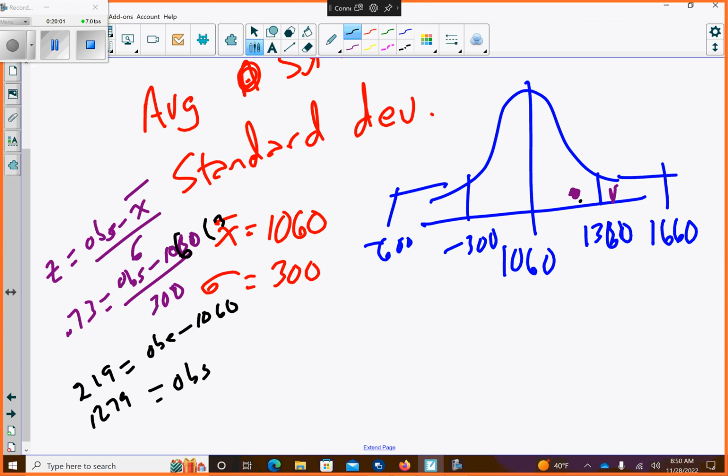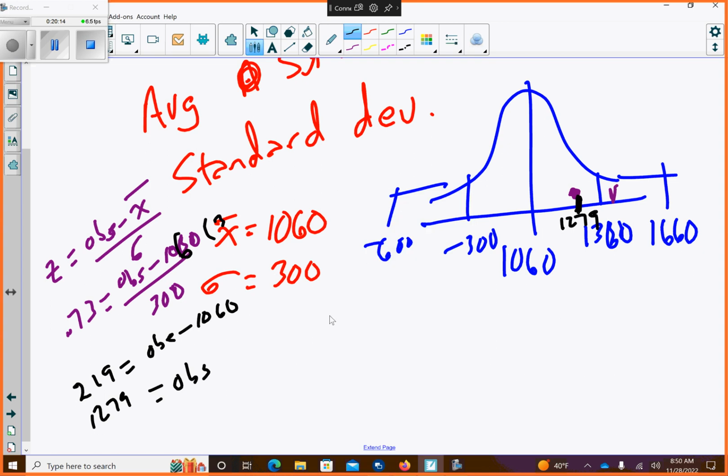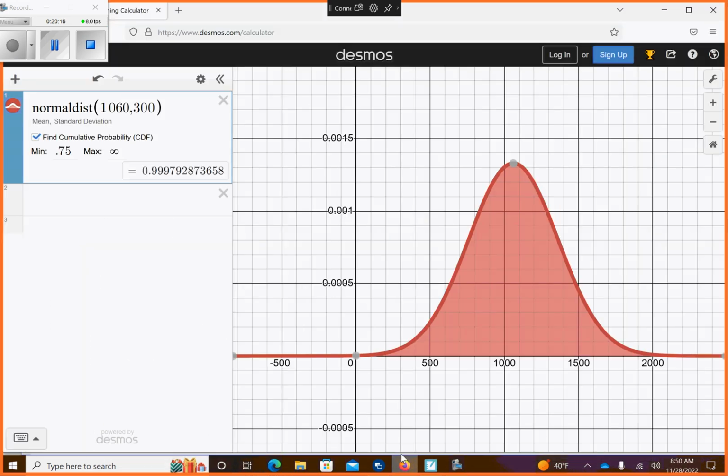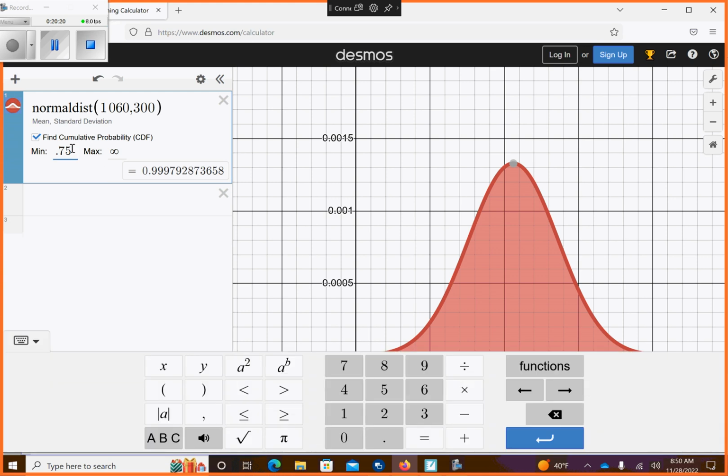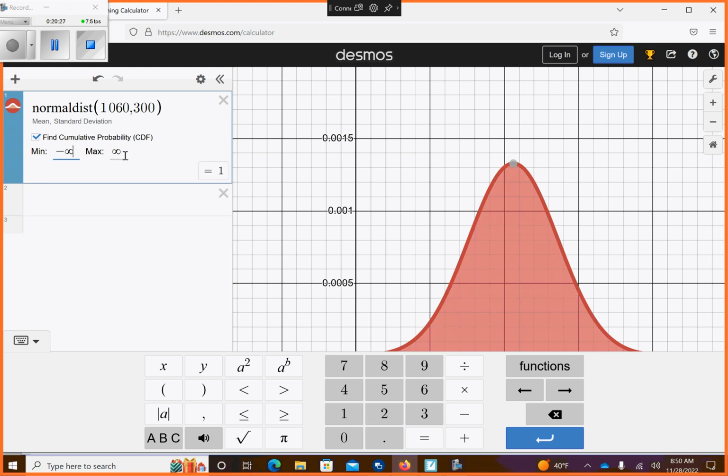Okay, so the 1279 has fallen somewhere in here, right? If I wanted to figure out what percent of people I did better than, if I do better, that means I'm going to the left. So we're going to make this negative infinity, and my max is going to be 1279.